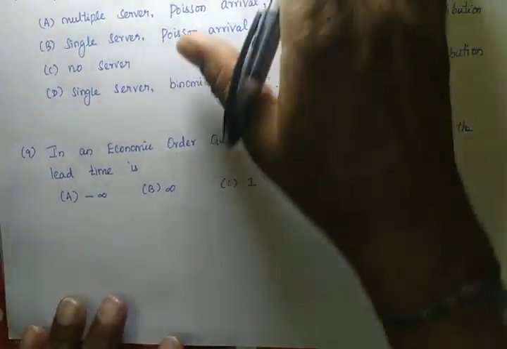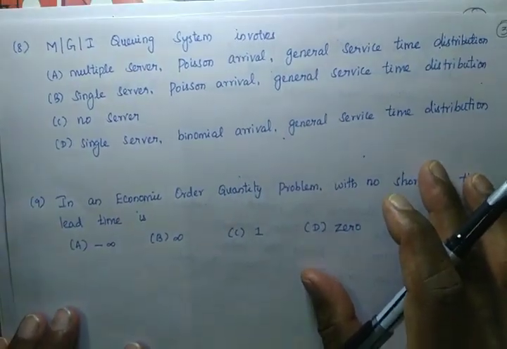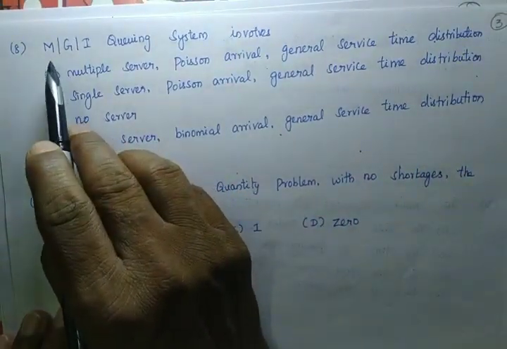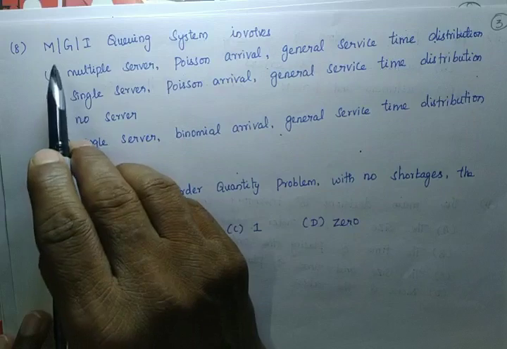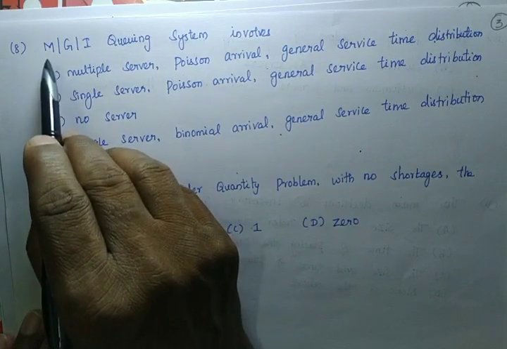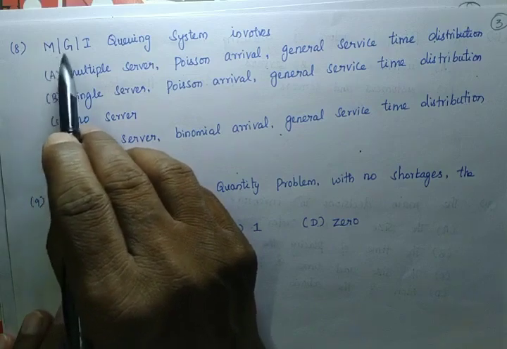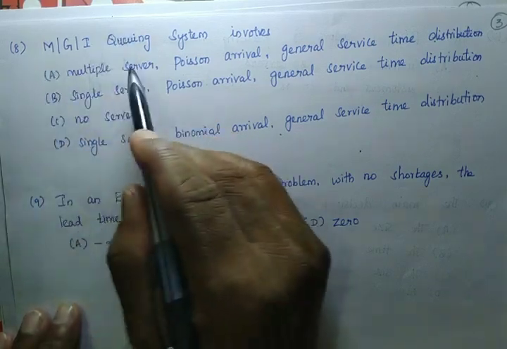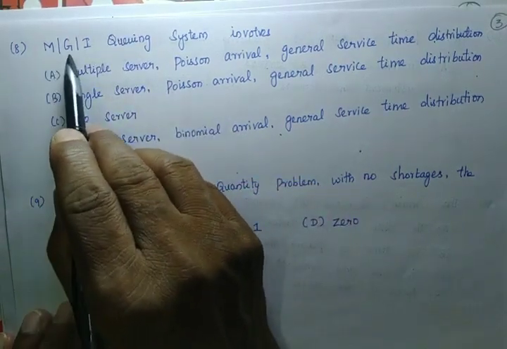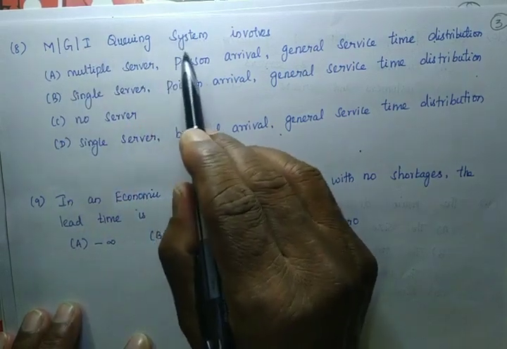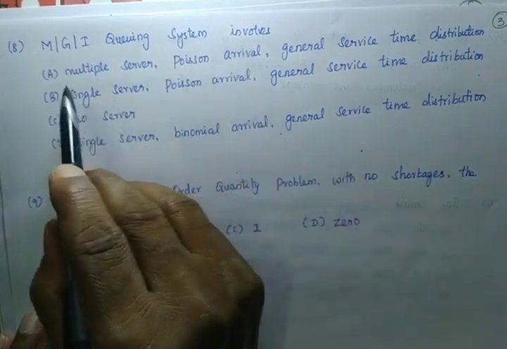Now next is M/G/1. Here M indicates Markovian and G indicates general. Actually the first two always come from the Markovian model. So I'll read the question fully first. An M/G/1 queuing system involves what type?